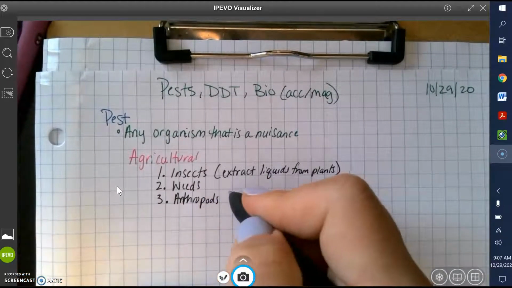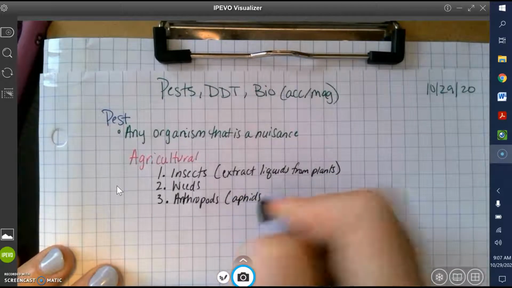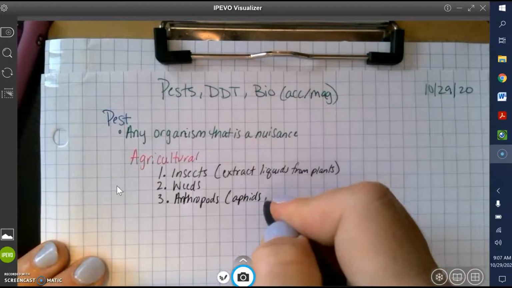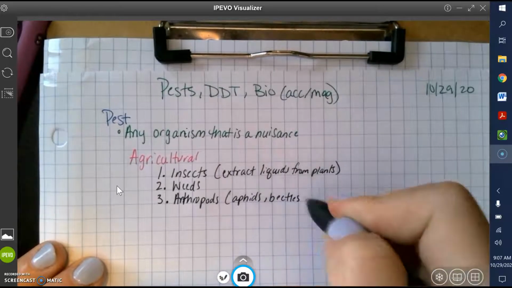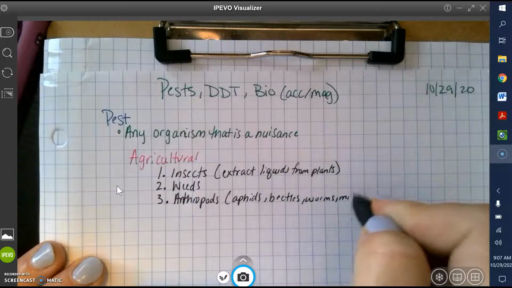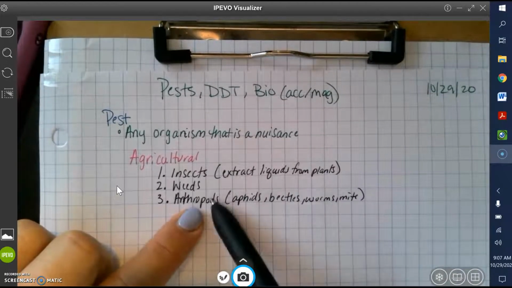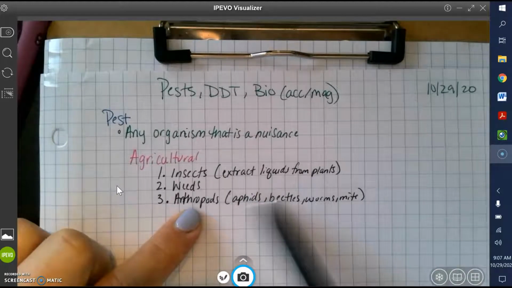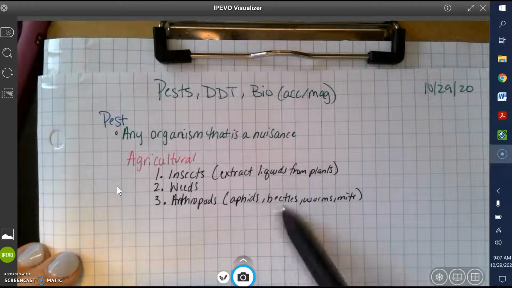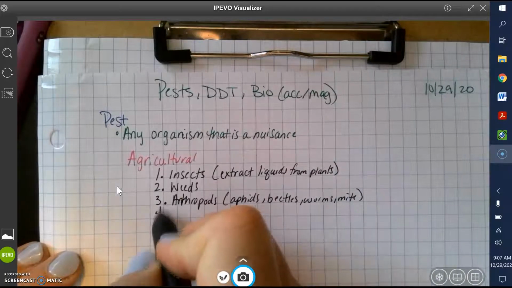which are insects. Specifically what we talked about yesterday, some arthropods were aphids, beetles, worms, mites. These are a specific category. So insects, I should say, are arthropods. But some big arthropods that we'll talk about or have discussed are aphids, beetles, worms, mites.